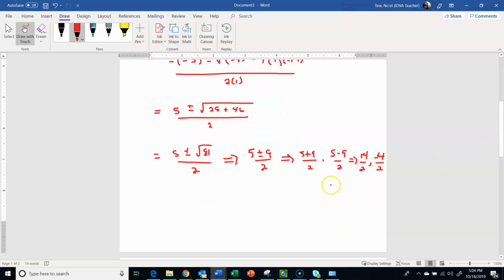So final answer, we're going to have 2, of course. A quadratic has the power of 2, degree 2, so that means there's 2 answers, real or imaginary. So 7 and -2 are the answers.